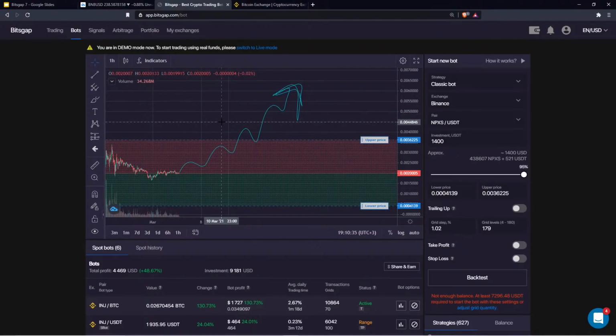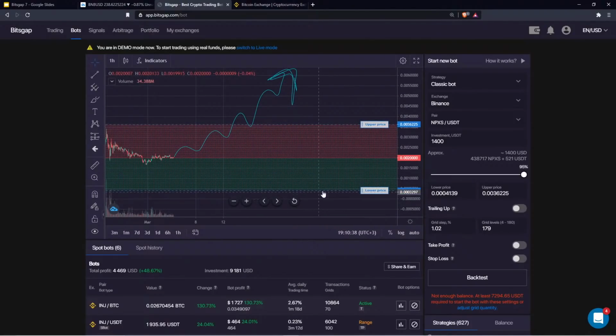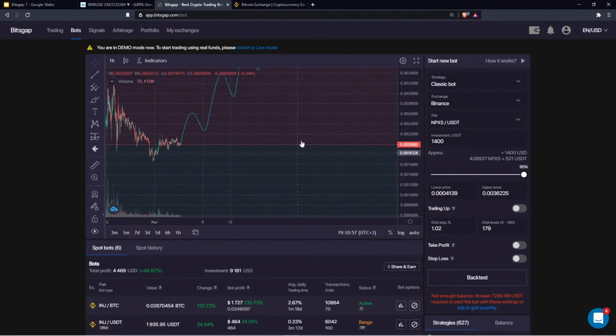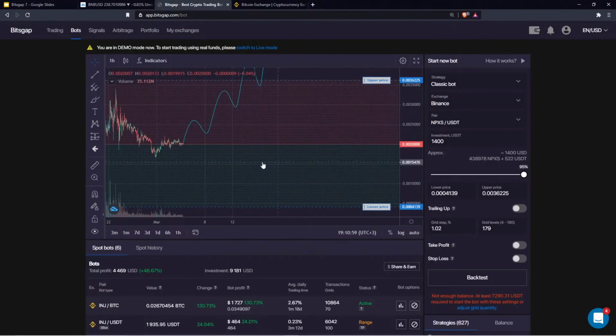Alright? Whereas in case of the S-bot, it buys and sells crypto depending on the market price. So for example, it spends the same investment per each limit buy or limit sell level, which is also known as grid levels.